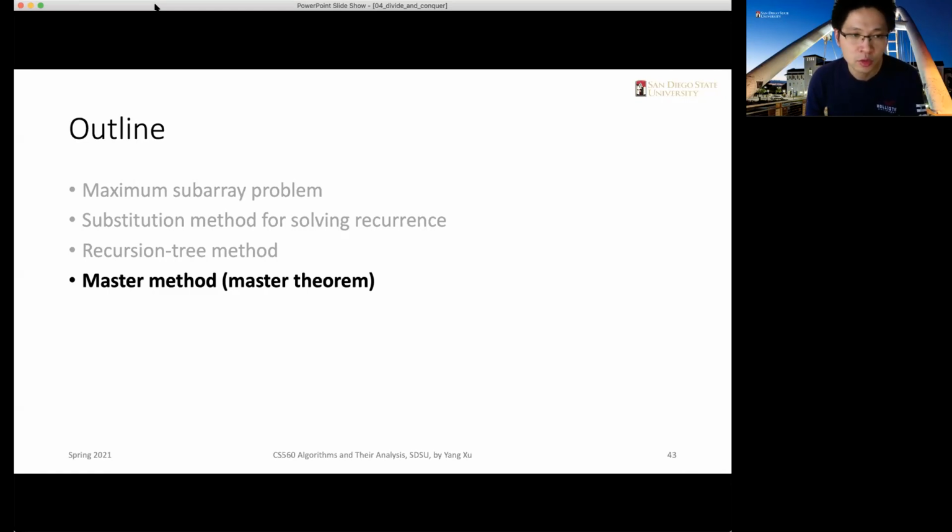In the previous lectures we have talked about two methods, right? The substitution method and the recursion tree. The substitution method is a more strict one that uses mathematical induction to prove some solution is correct.